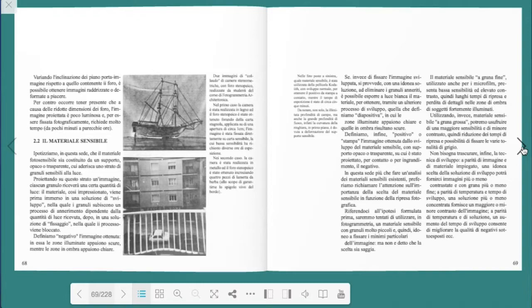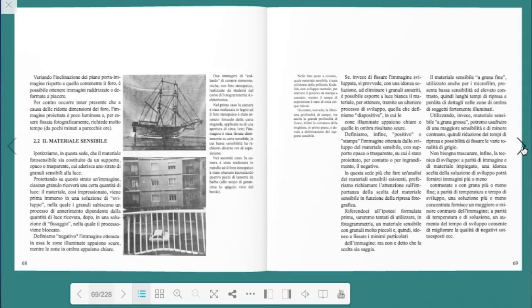The sensitive fine-grained material, also used for microfilms, has low sensitivity and high contrast, therefore long shooting times and loss of detail in the shadow areas of highly illuminated subjects.